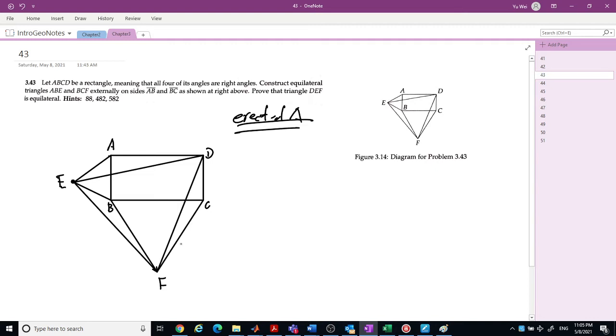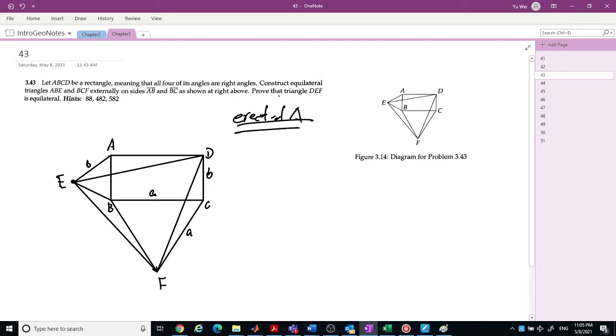Erected means you go outside or towards inside, it doesn't matter; just from one side, you do the equilateral triangles. For example, this one is A, this one is B. They are equilateral triangles, externally on the sides.